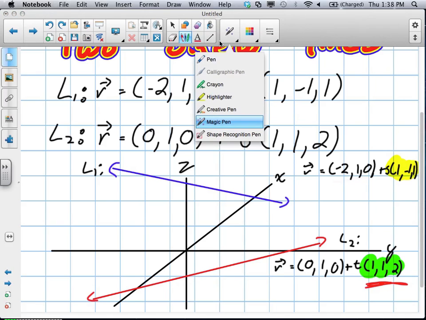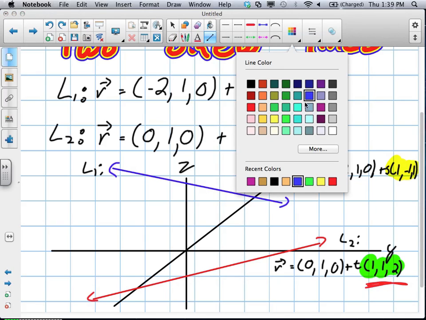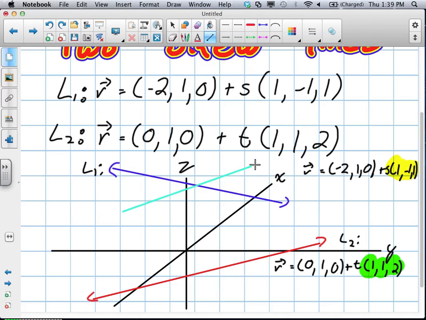Okay? So when we go to create this vector, we'll change the color blue a little. This direction vector is going to have the equation, or going to be going through this point here. It's going to have this direction to it. It's going to have a direction of (1, 1, 2).